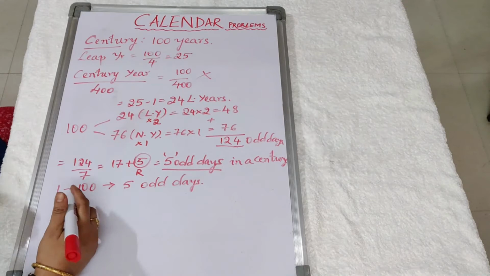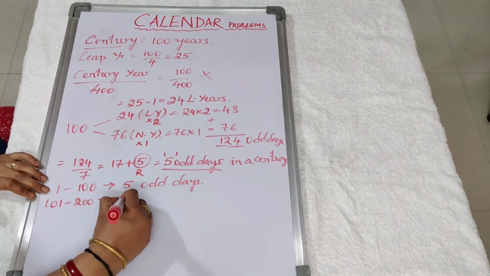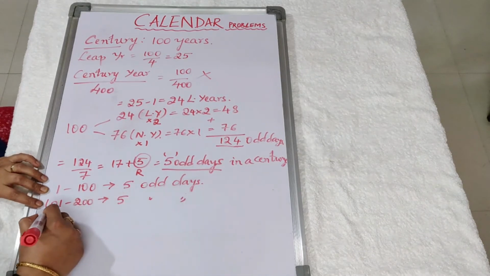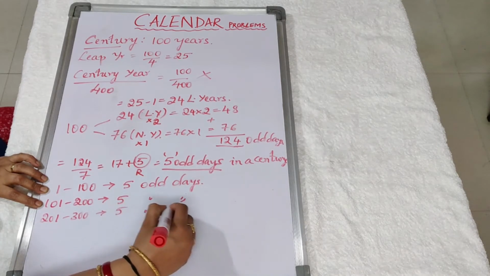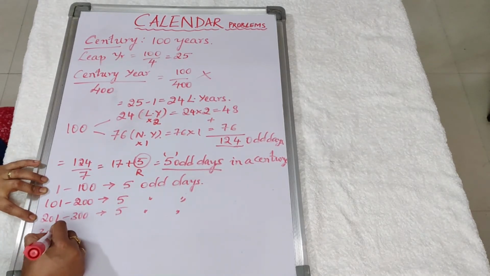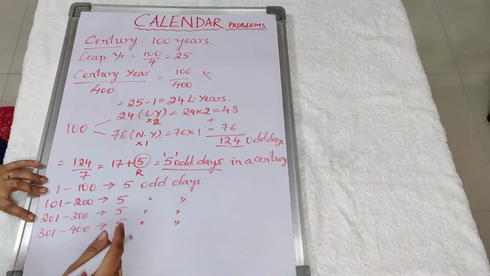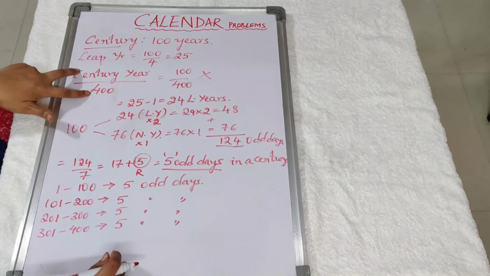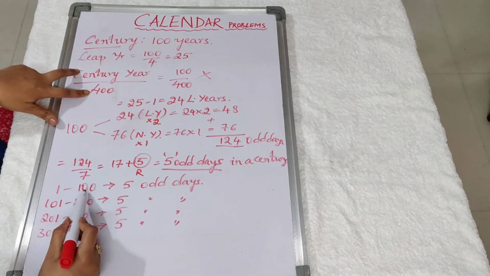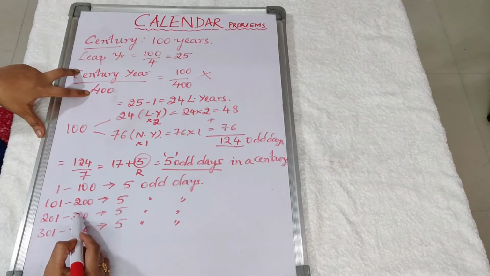Now I am going for the other century. Now I am going from 101 to 200. This is again 5 odd days. So 201 to 300 is again 5 odd days. 301 to 400 is again 5 odd days. But remember, we discussed that a century year should be divided by 400. So 100 is not divisible by 400, so we did not take it there. Same case with 200 and 300.